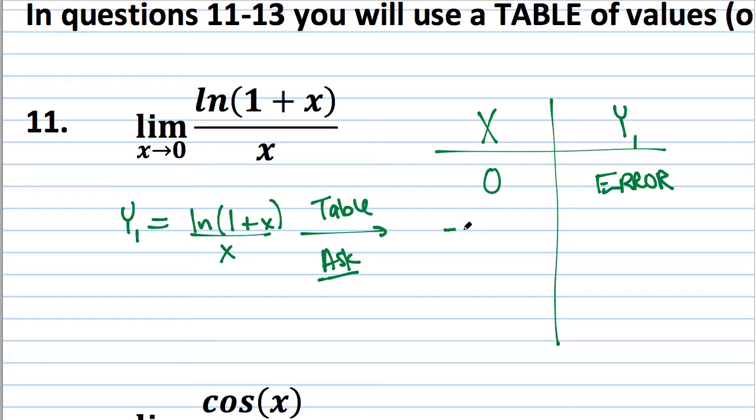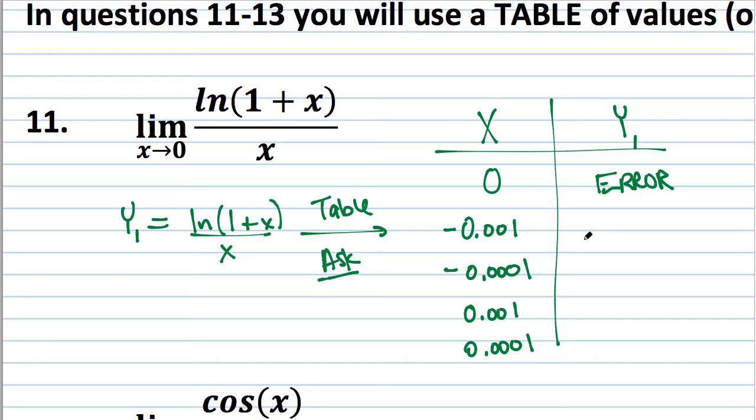I can test negative 0.001 and negative 0.0001, and on the opposite side, the positives, 0.001 and 0.0001. When I do that in my calculator, I get the following values.